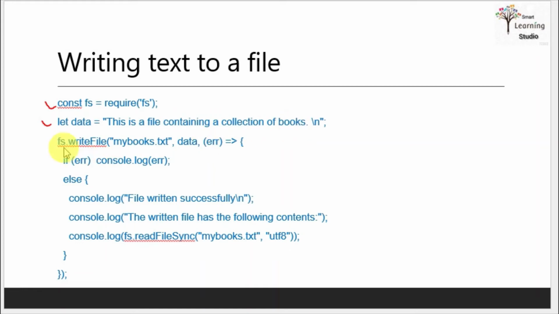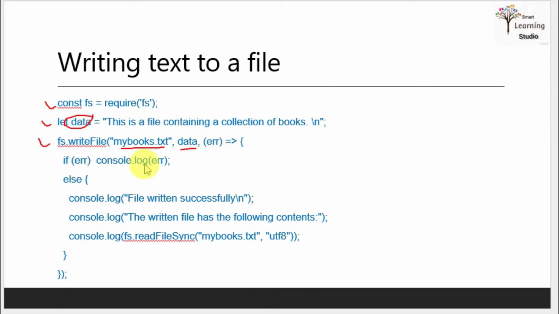This is a command which will capture the file and start writing data into it. fs, as we already discussed, is a library, and we will use the function writeFile, fs.writeFile mybooks.txt. This is the file where we want to write, and what we want to write is data, which is already defined over here. Then if there is an error, console.log the error.